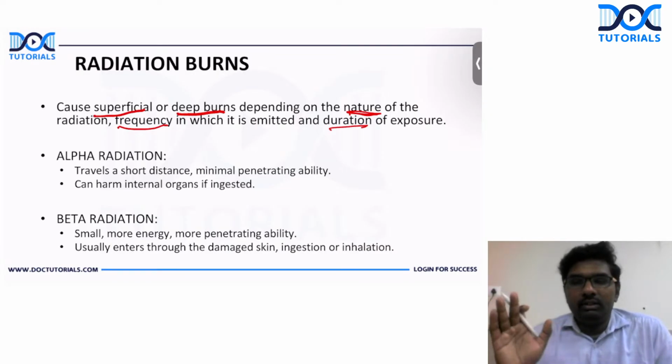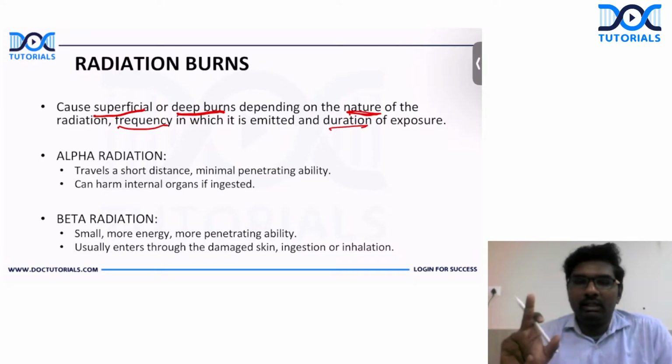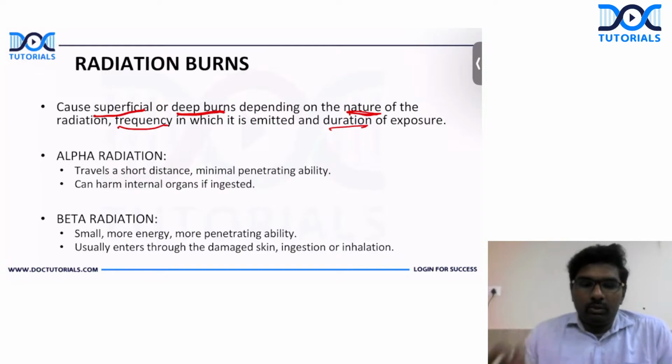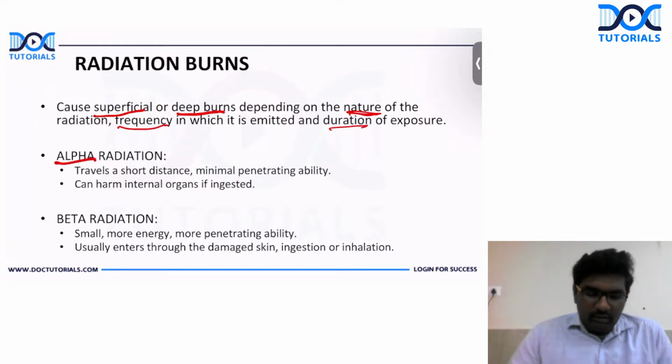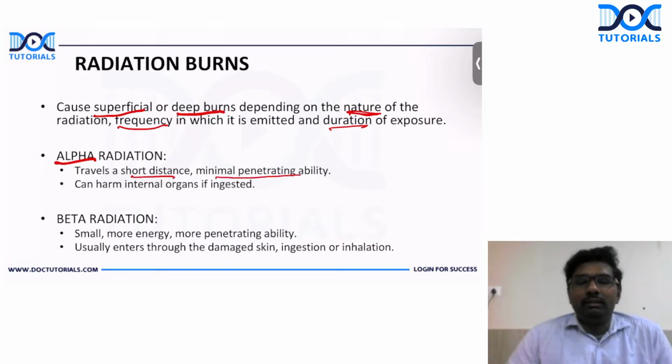So these radiations are capable of causing superficial or deep burns. Alpha radiations are those that travel for a shorter distance and have minimal penetrating ability.